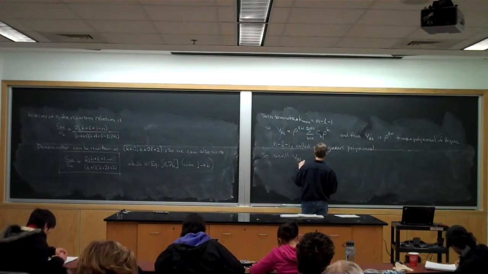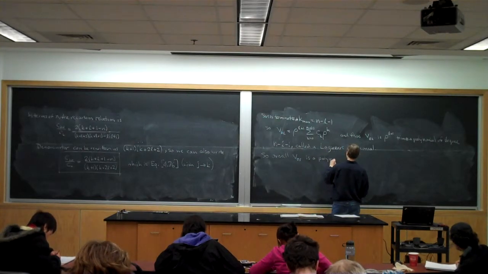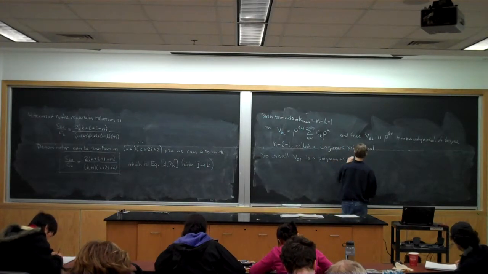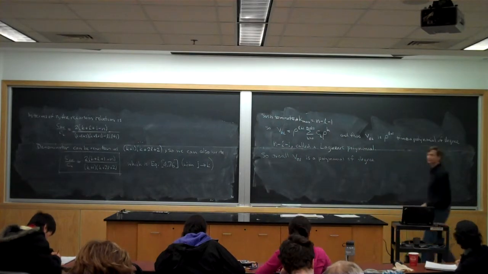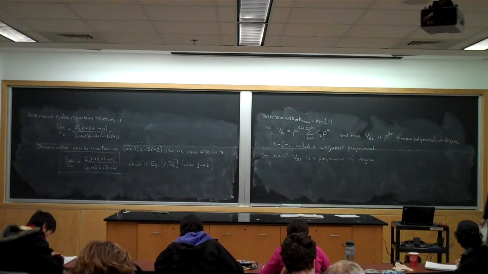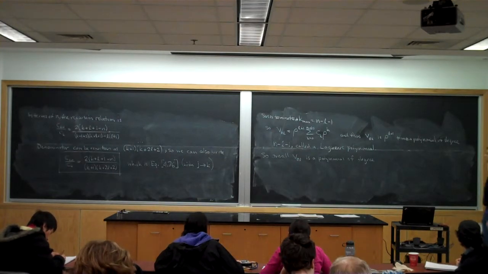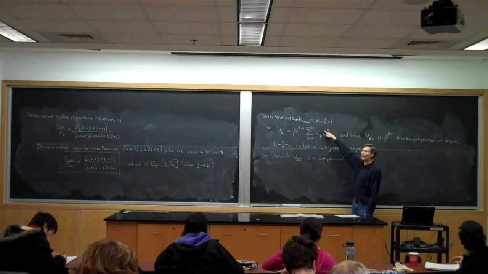So overall, v_l is a polynomial of degree what in rho? What's the highest power of rho that appears in this polynomial? n, right?